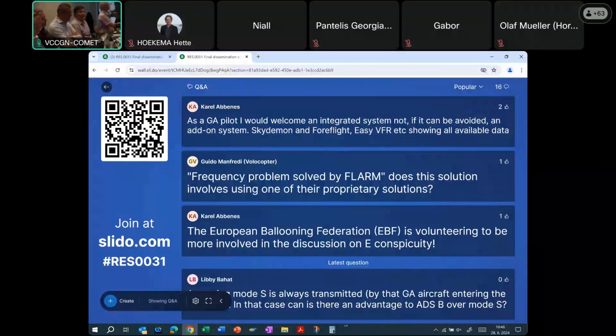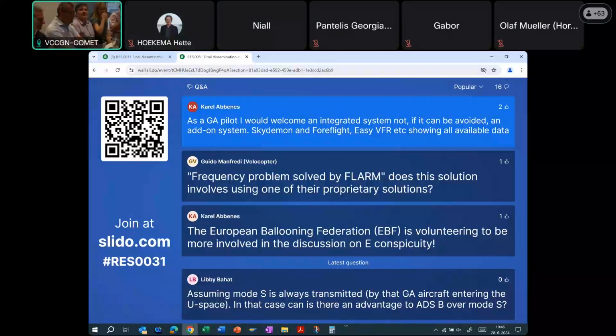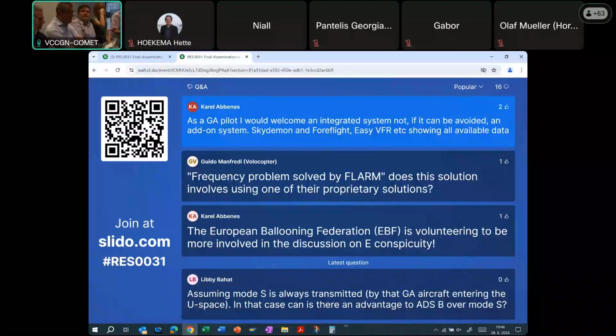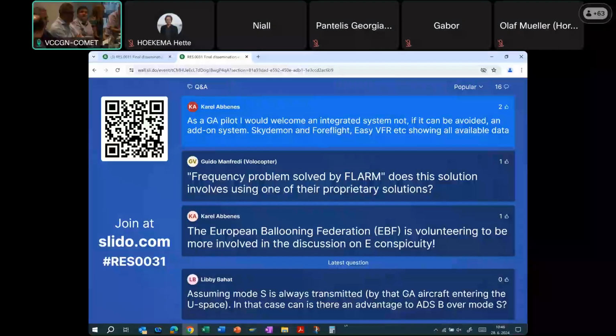So, a question from Karel. As a GA pilot, I would welcome an integrated system, not an add-on system, if it can be avoided. SkyDemon and Foreflight, Easy VFR is showing all available data. Yes, this is actually amplifying this comment. It's not a question, it's amplifying what's taking place today. The industry is teaming up.